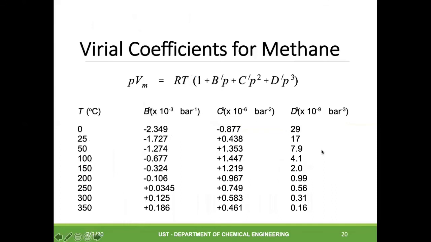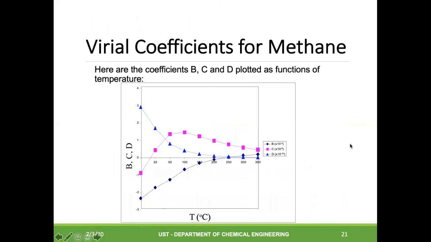Now, for example, in the case of methane, these are the virial coefficients at a specific temperature in degrees Celsius. Take note of the values. So let's say B', it's times 10 to the negative 3 per bar, and so on. Now, here are the coefficients B, C, and D plotted as functions of temperature.